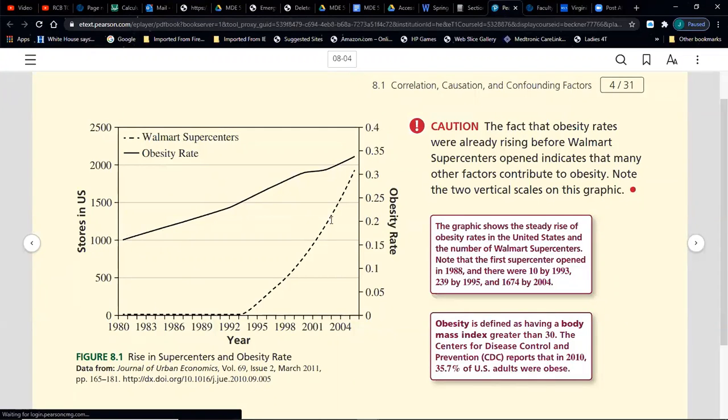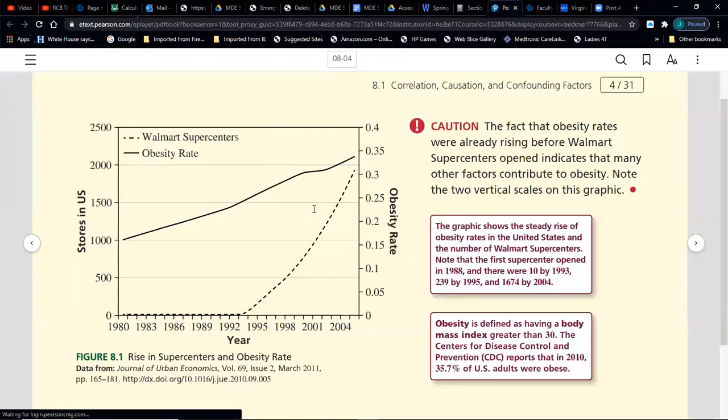Oh, look at this, the number of Walmarts is going up over time. So clearly one caused the other. Now, well, maybe it's the rising obesity rate that caused the Walmart centers to proliferate. Who says it can't be that? Who says it can't be America becoming more obese and thus we need more Walmarts? Why is it more Walmarts are causing more obesity? You know, which way is the causation? And that's something else that people get backwards often.